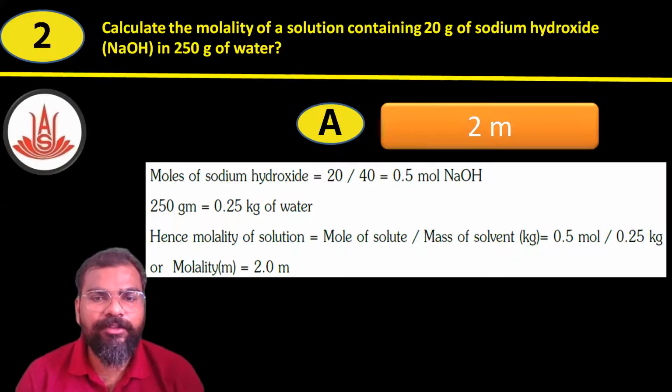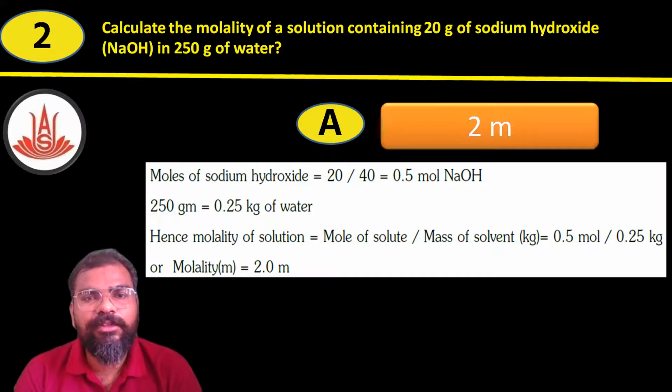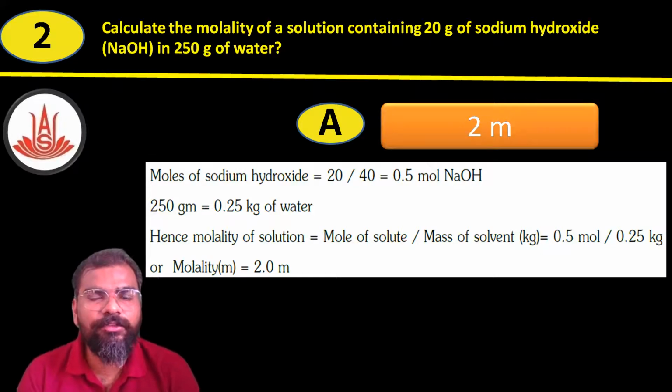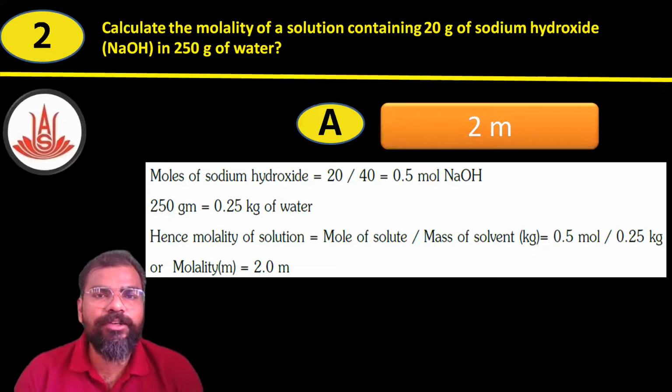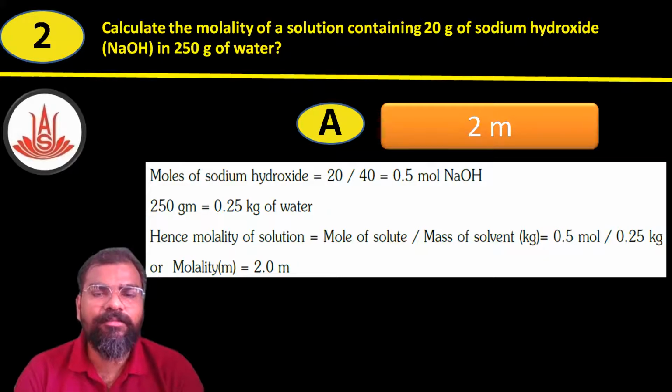Moles of sodium hydroxide, for NaOH, is 20 upon 40, so it would be 0.5 mole of NaOH. Now in the question they have mentioned 250 gram of water. We have to convert it into kg for molality, that is mole per kg. So it would be 0.25 kg of water.